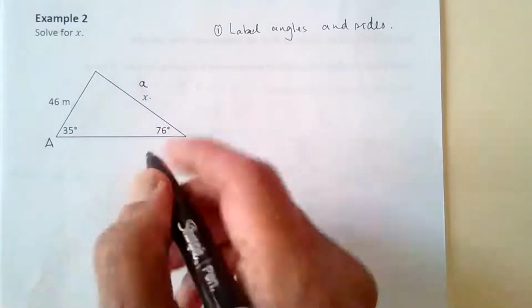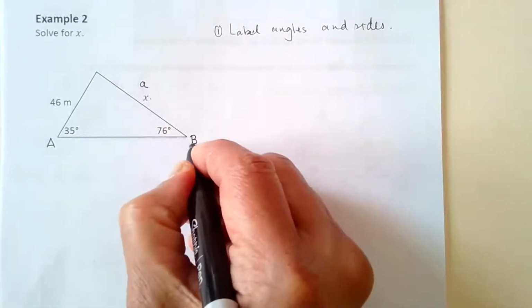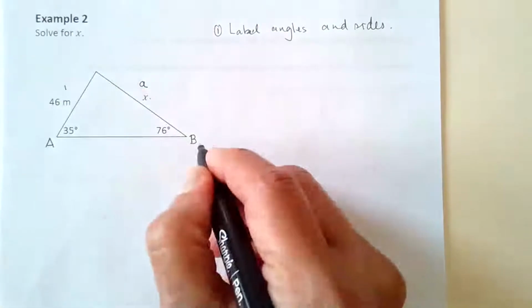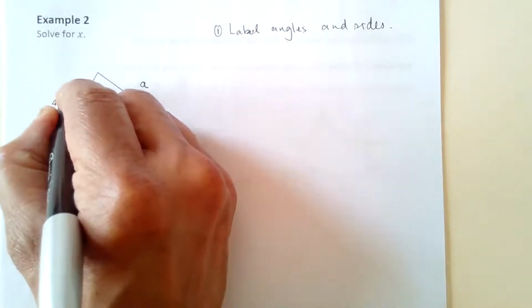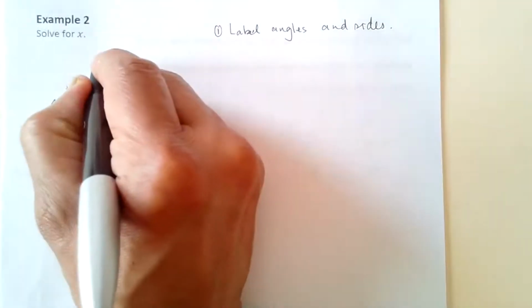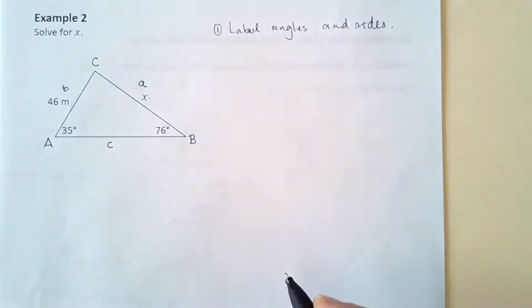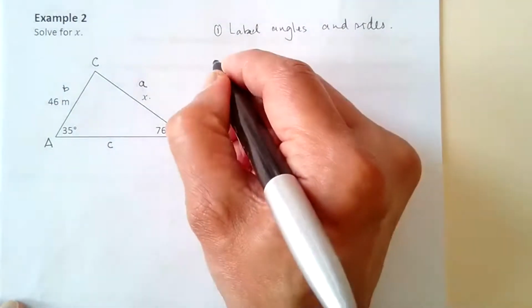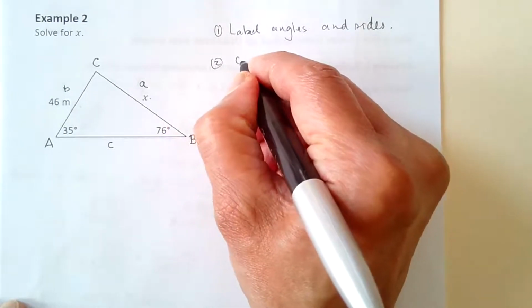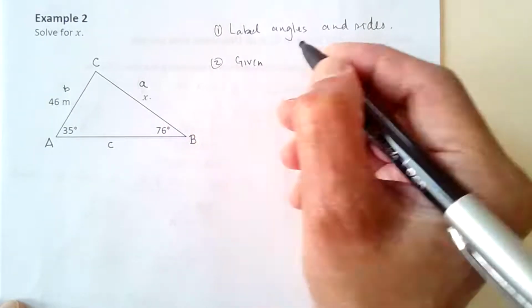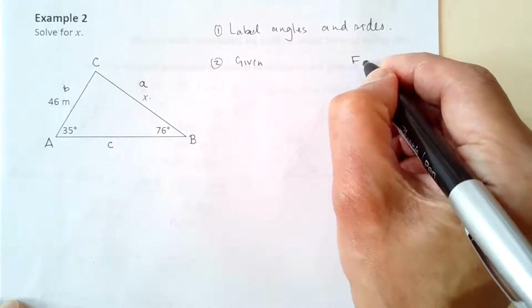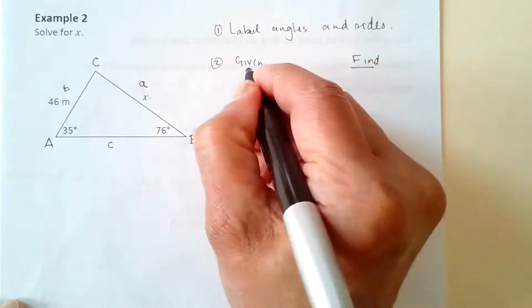Next, I'll label angle B, side B, angle C, side C. So step 2, write down what's given and what needs to be found.